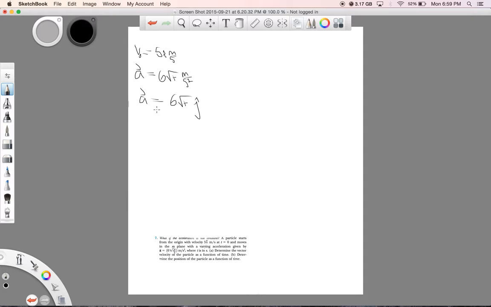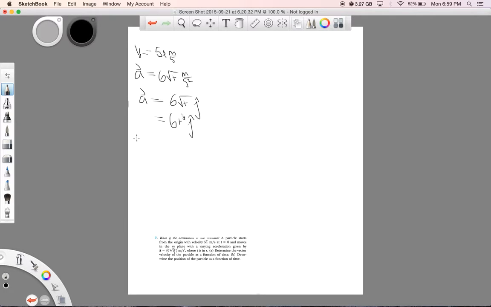So what we have to do is change the square root into an exponent. So it'd be 6 times t to the 1/2 power j hat. So if we want to find velocity, we have to find the antiderivative of the acceleration.